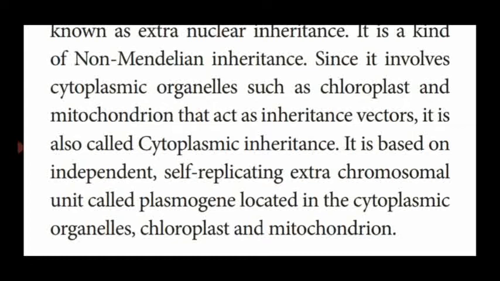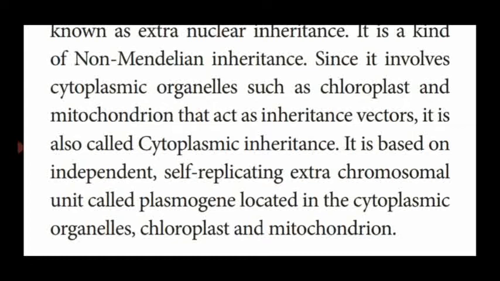So why does this inheritance take place in those two cell organelles? Because these two organelles are self-autonomous bodies. That is, both of them have the capacity to self-replicate and produce other chloroplasts and mitochondria.